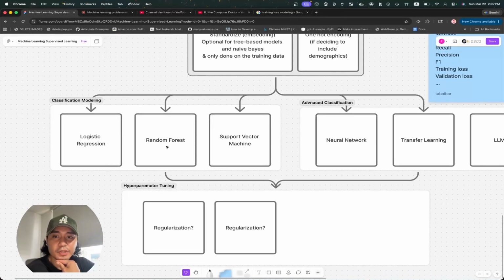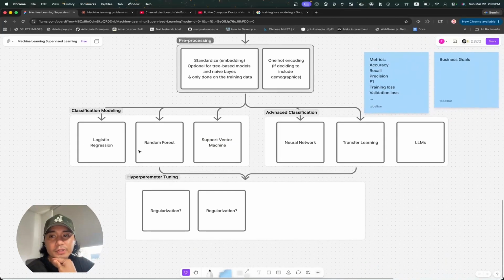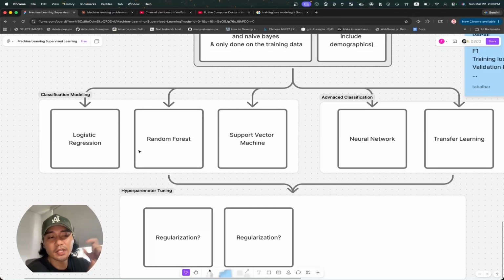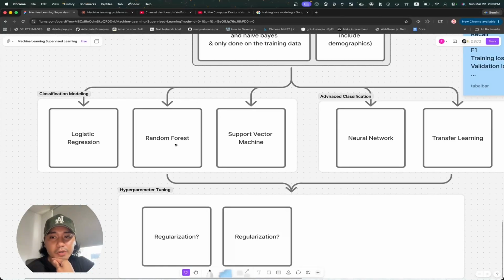So logistic regression, random forests, and support vector machines are usually higher in complexity. The reason why you would want to use a non-complex model too is that they're typically faster. If you want to prioritize speed, then you would use these simpler models.